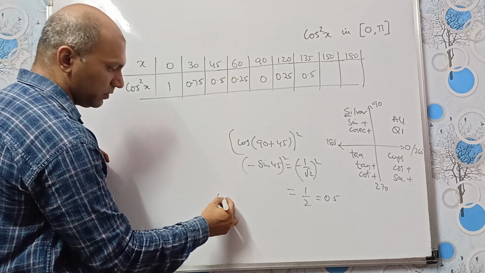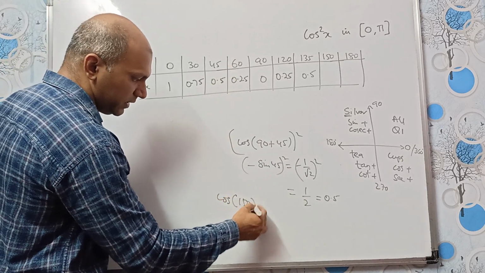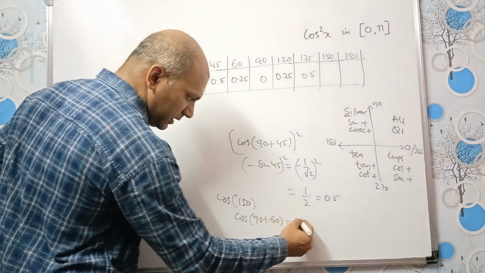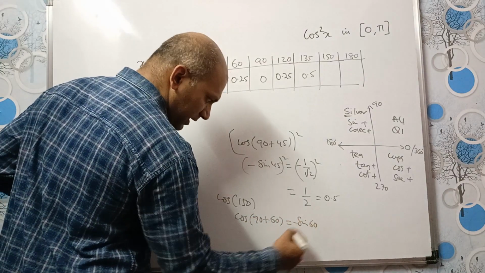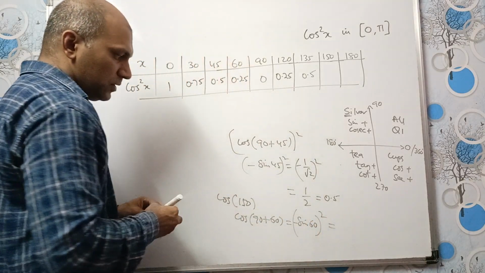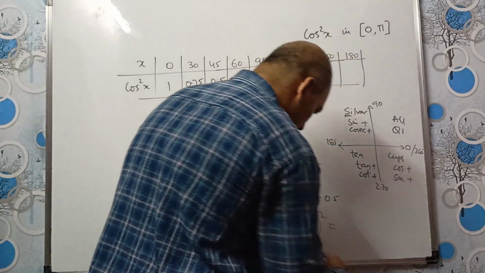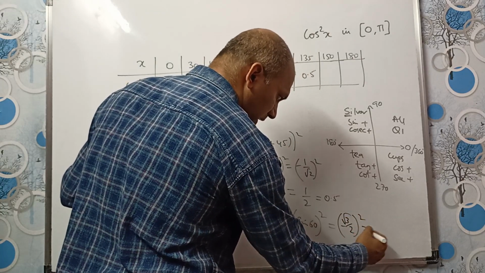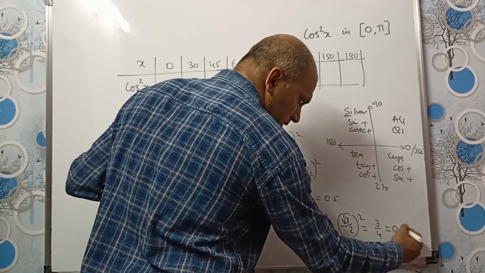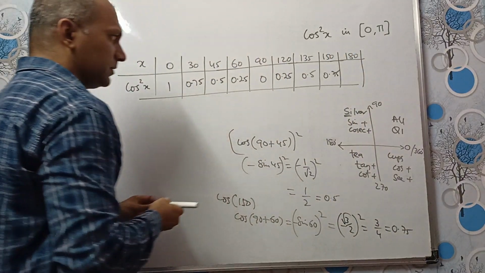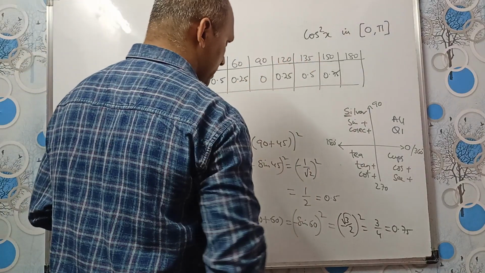Okay, 150 now. Cos 150 is cos of 90 plus 60, which is minus sine 60, but we have a square, right? So this is root 3 by 2 square with minus sign. So this will be 3 by 4, 0.75. Okay, the values are increasing now.